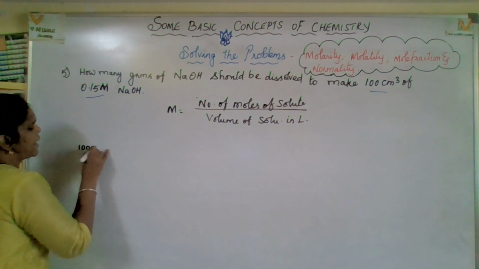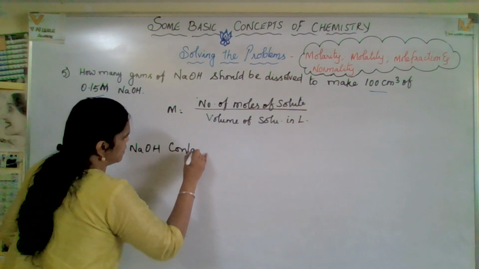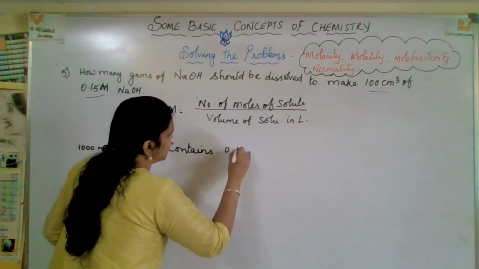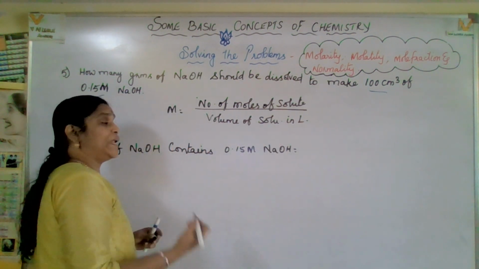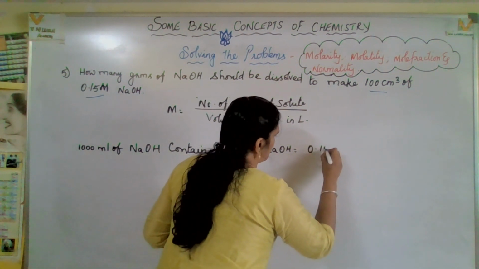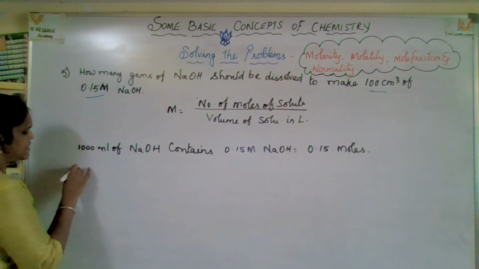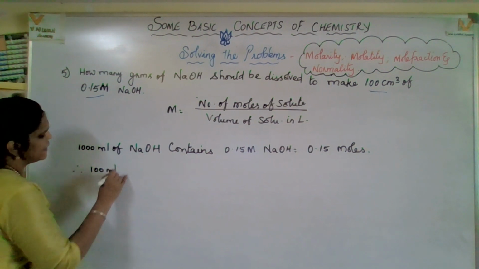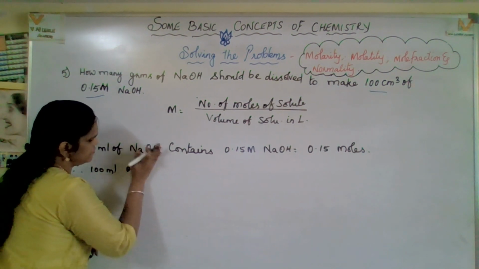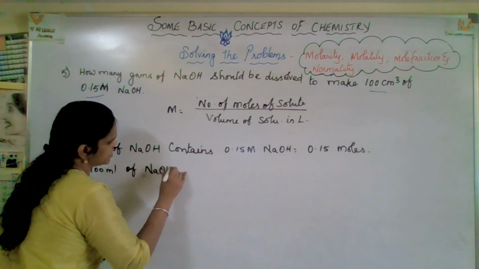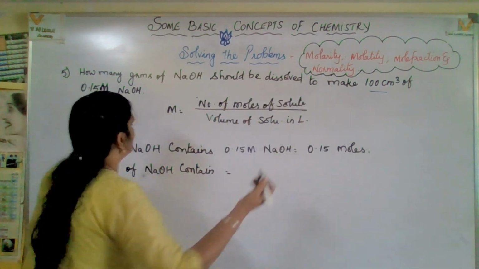Here, 1000 ml of NaOH contains 0.15 m of NaOH, which means 0.15 moles are available. Now therefore, 100 ml, that is 100 centimeter cube, of NaOH contains how much will be available?